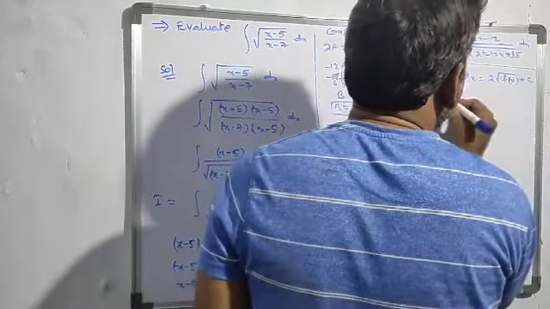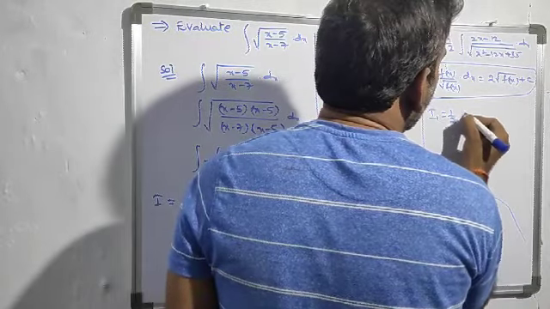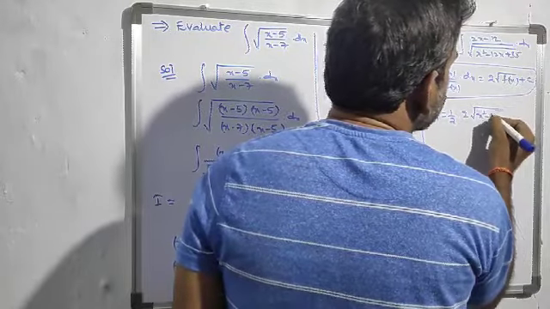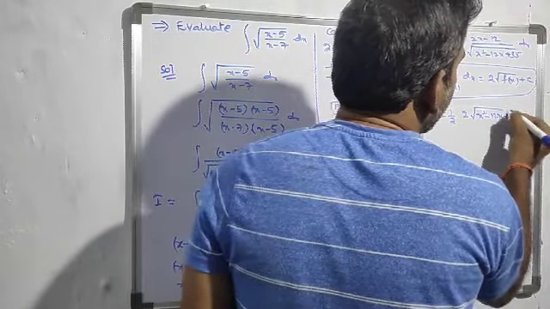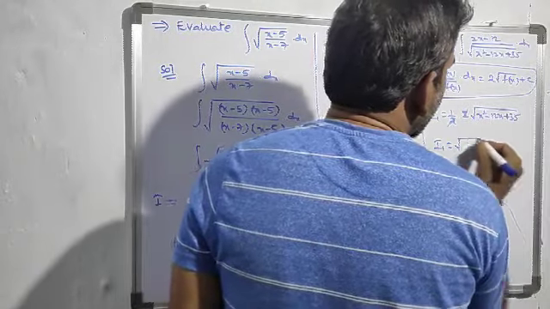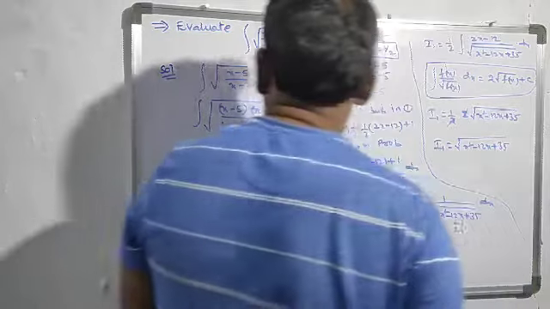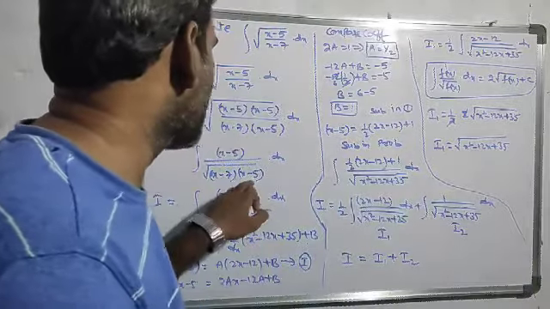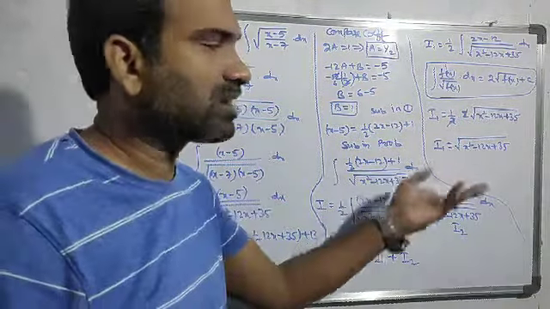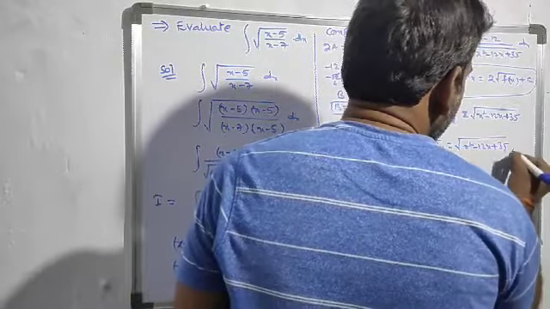So what is I1? 1 by 2 into 2 square root of f of x, where f of x is x square minus 12x plus 35. The 2s cancel. So the I1 value is square root of x square minus 12x plus 35. If anyone is interested, you can also write it as square root of x minus 7 into x minus 5, both are the same. Okay, it is completed. This is the I1 value.